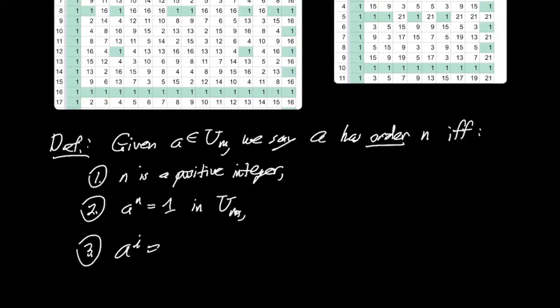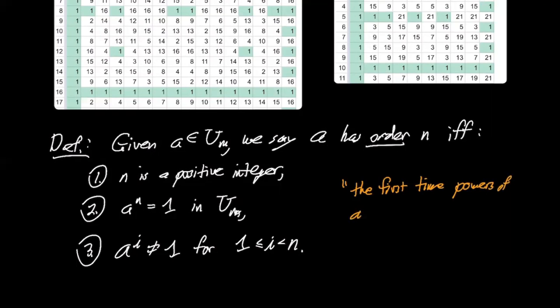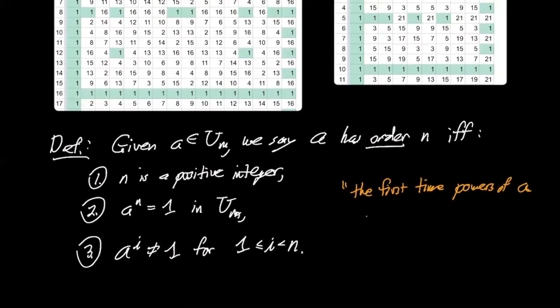So A to the I is not equal to 1 for 1 less than or equal to I less than N. So this is the first time the powers of A cycle back to 1.